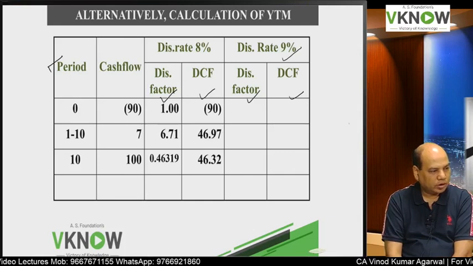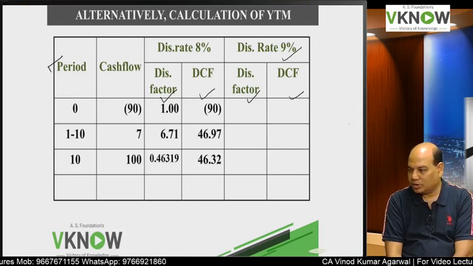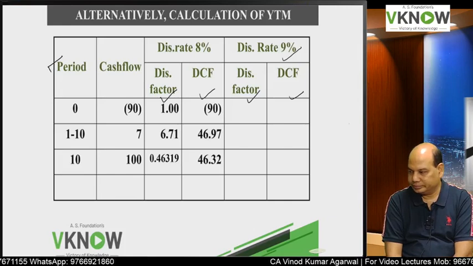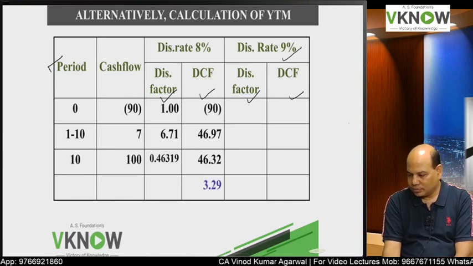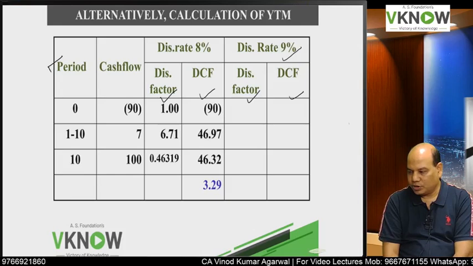Muralidharan, what is the total? At 8%. Total of this is 3.29 positive. If it is positive, which means my IRR is more than 8%.